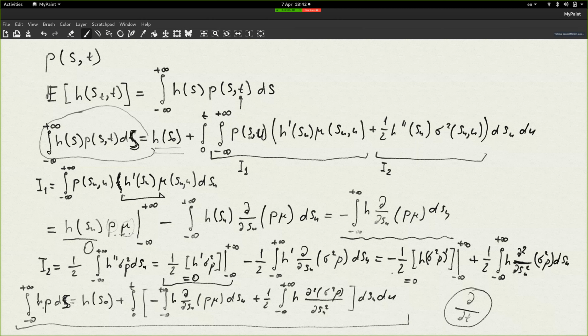So when we take a partial derivative with respect to t, we will differentiate inside the integral. Moreover, h doesn't depend on t, and therefore it remains a constant factor in this case. Differentiation is applied only to p.